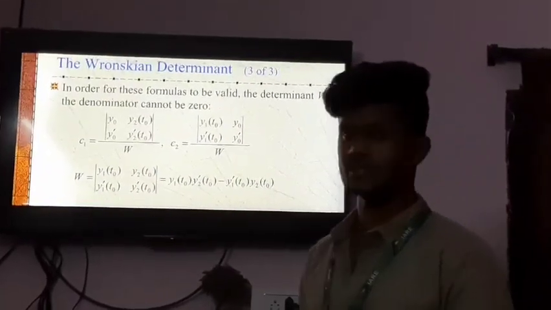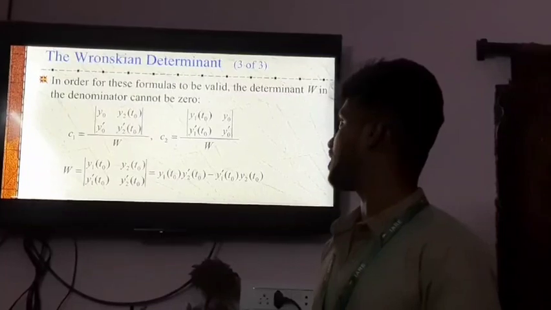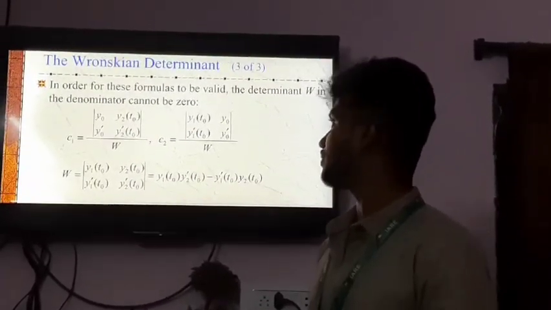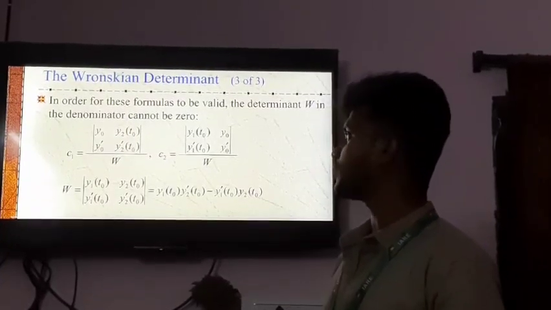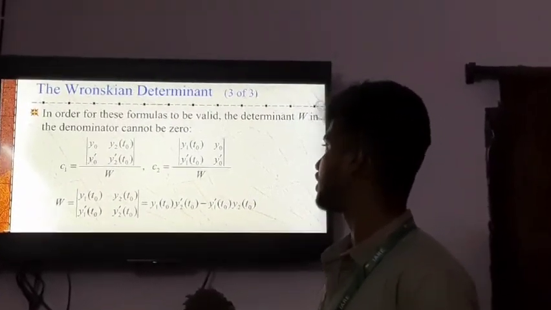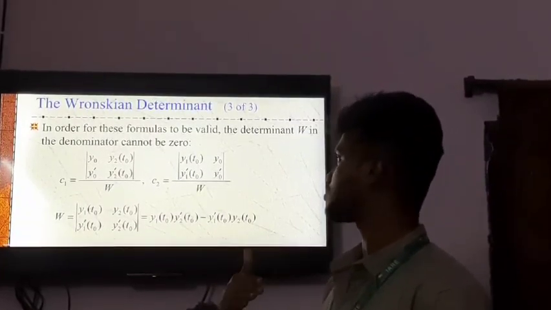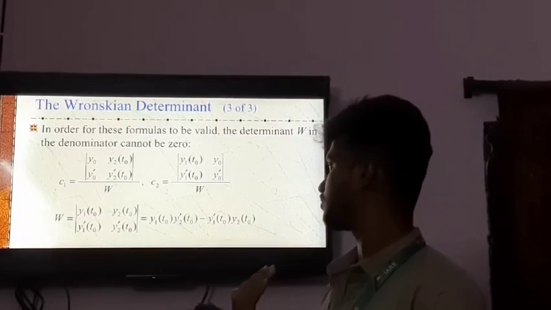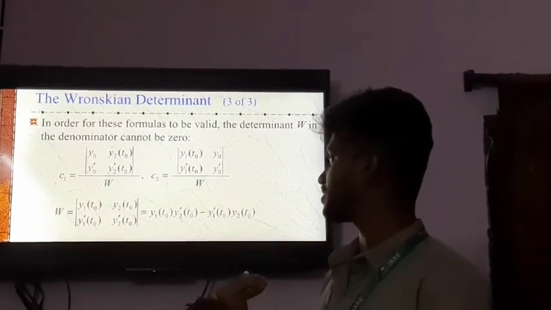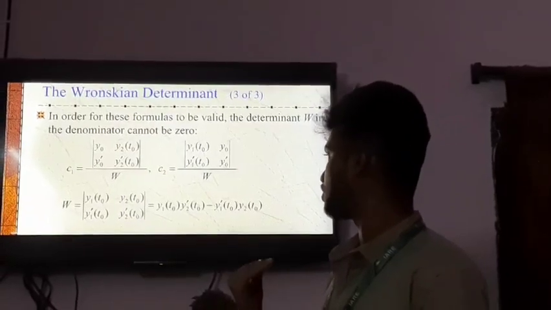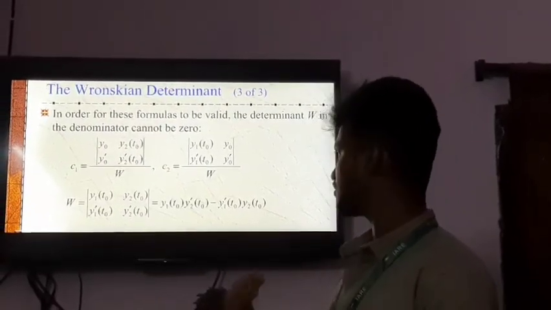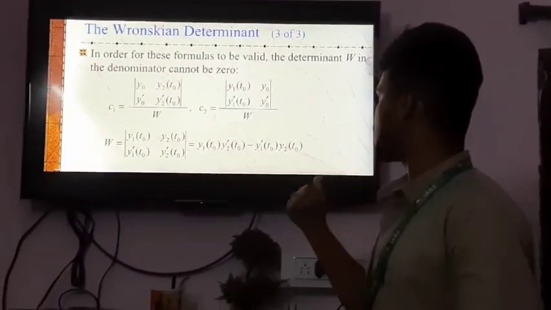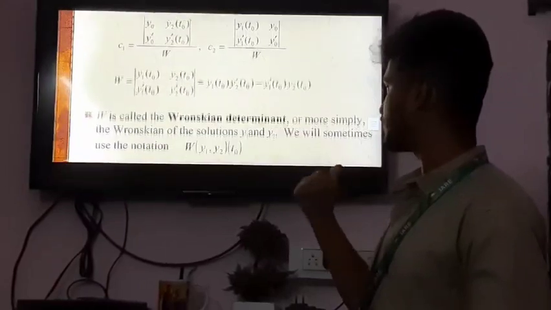The Wronskian determinant. In order for these formulas to be valid, the determinant W in the denominator cannot be 0. W equals the determinant with rows y1 of t naught, y2 of t naught and y1 dash of t naught, y2 dash of t naught, which is y1 of t naught into y2 dash of t naught minus y1 dash of t naught into y2 of t naught.